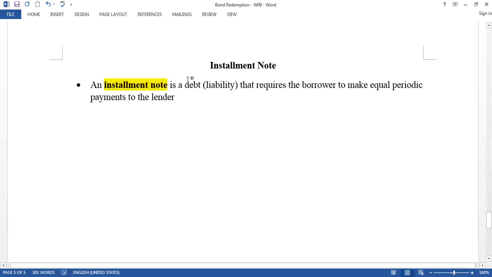So an installment note is a note, and it is your debt, meaning it is your liability.